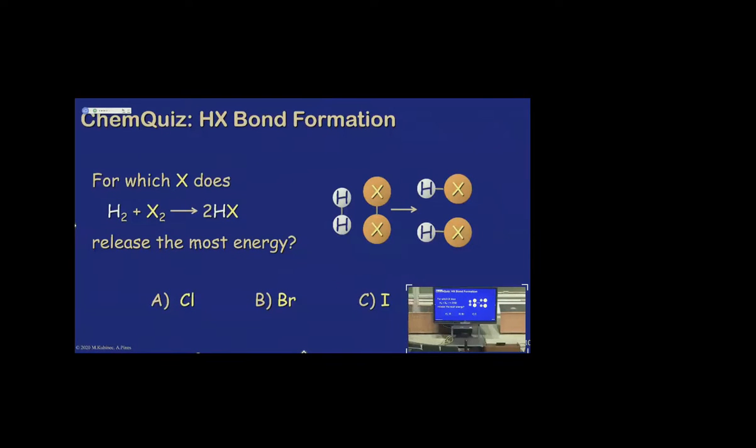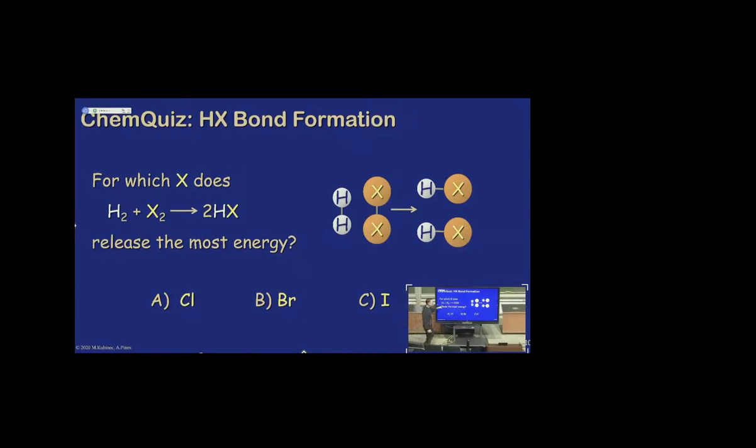So we had two straightforward ones to start. This one's going to require some head scratching. Let's look at hydrogen gas reacting with either iodine, I2, bromine, Br2, or chlorine, Cl2, to form hydrogen iodide, hydrogen bromide, or hydrogen chloride. Those are all exothermic.